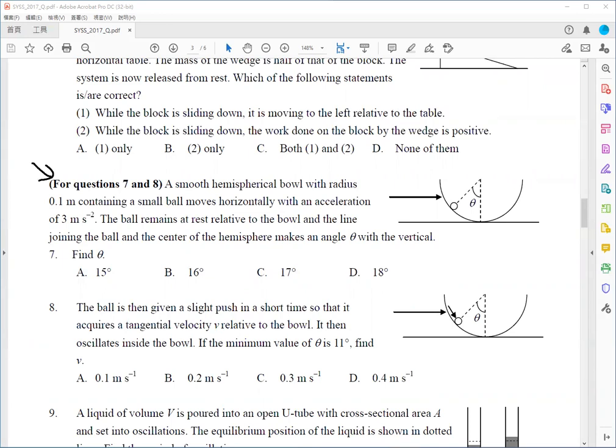Just make use of the same skill. So may you give me your answer? I think it's not really difficult to do.